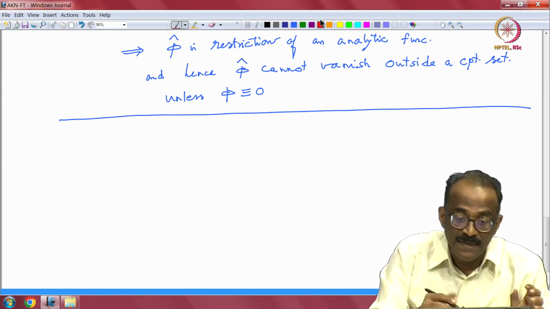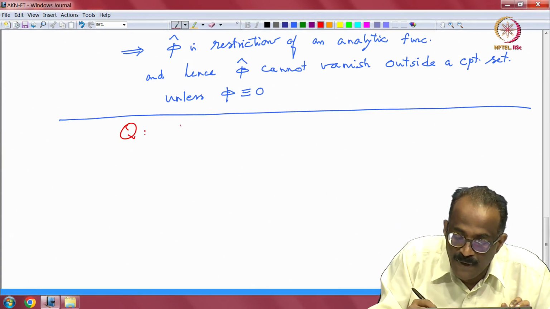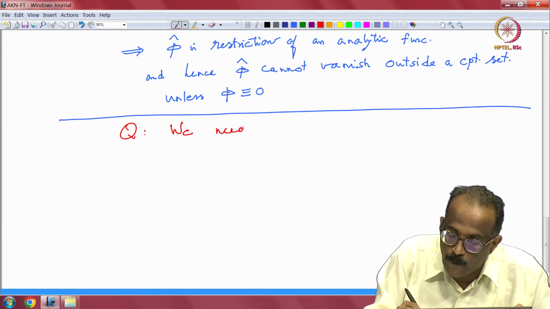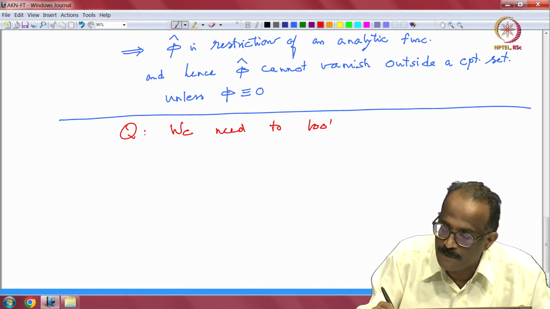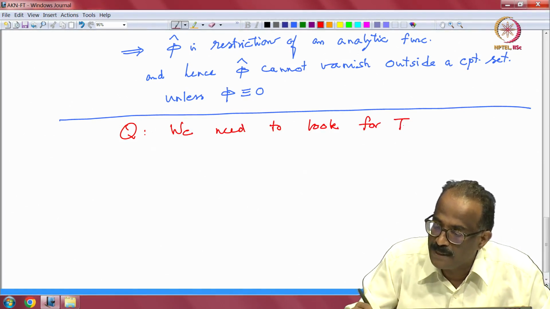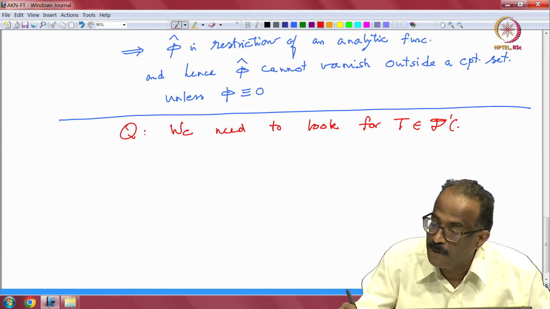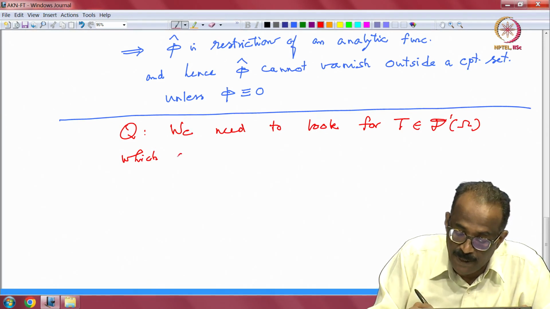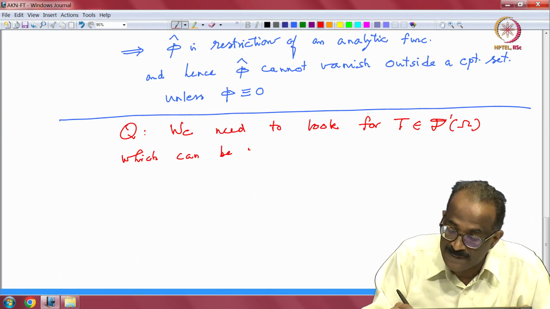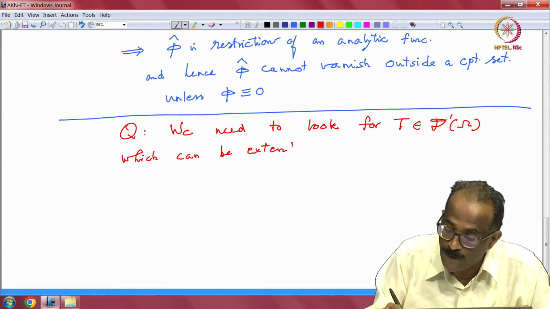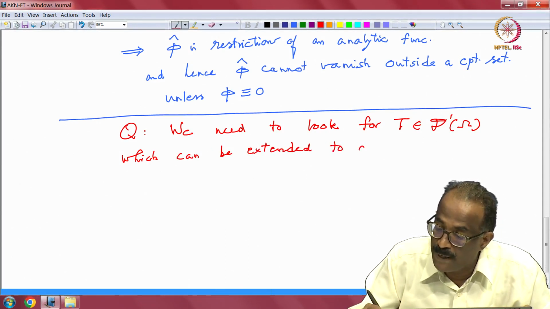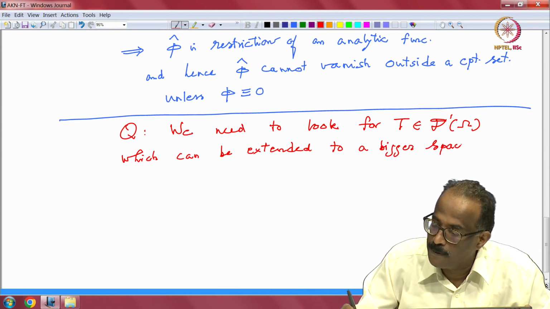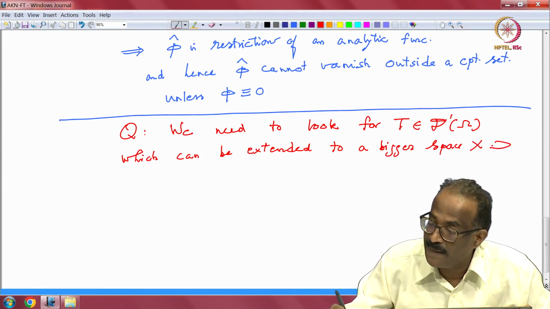So the question is that we need to look for distributions, look for T in D prime which can be extended to a bigger space X containing D of omega.